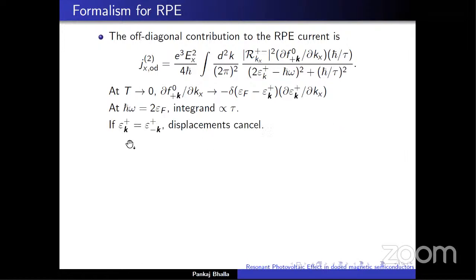Another point is that if the Kramers degeneracy is not broken, then the contributions will cancel each other, because we will not get the twice epsilon k here. We will get only 1 over omega square plus 1 over tau square stuff, like in the Dirac picture we usually get.